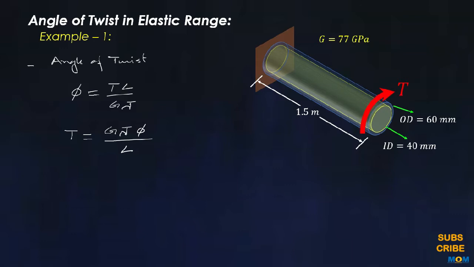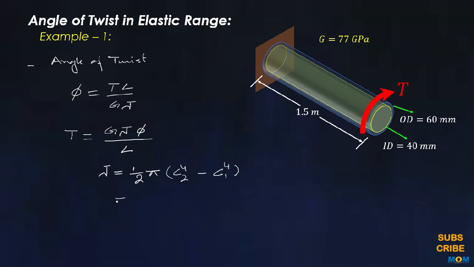So first we have to calculate the value of this polar moment of inertia, that is J, by using this expression. J is equal to half pi into C2 raised power 4, outer radius of the shaft minus the inner radius of the shaft raised power 4.